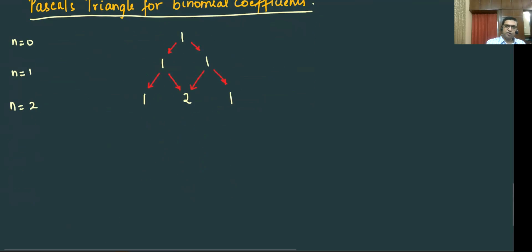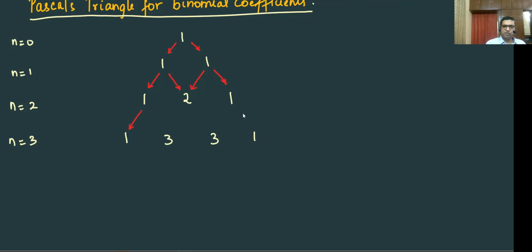Now when n equal to 3, what will be the coefficients in the expansion? 1 at the beginning, 1 at the end, and then 1 plus 2, 3, and 2 plus 1, 3.